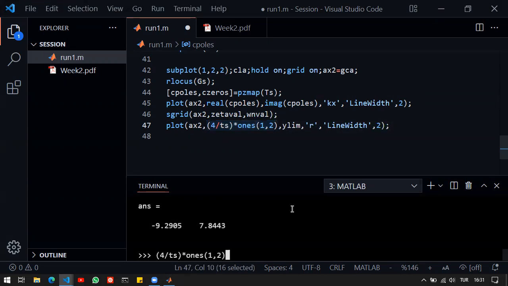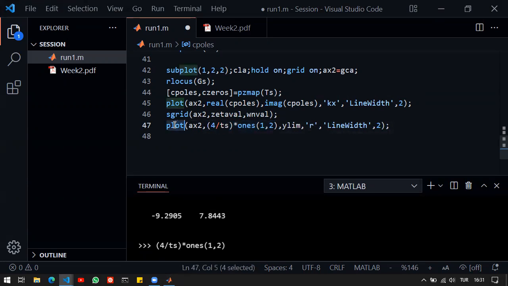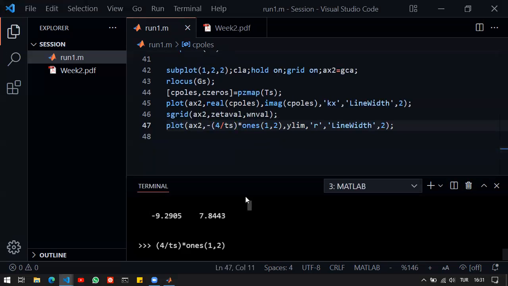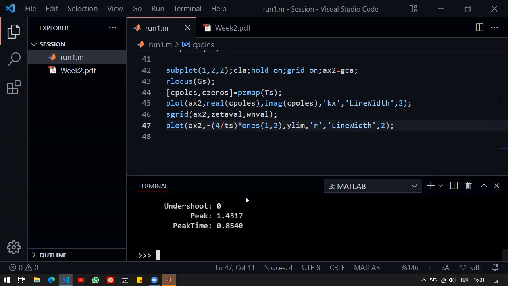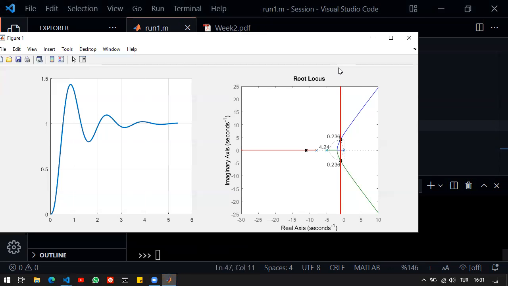So this will give me basically a vector with the same size, and then I can use plot here. Of course, this is a negative value because zeta times omega n, minus zeta times omega n, is on the left half plane. So there we go.